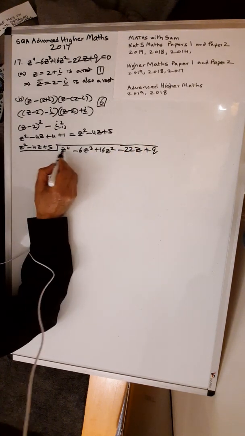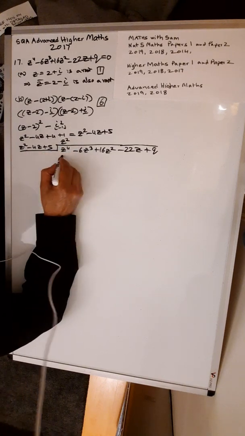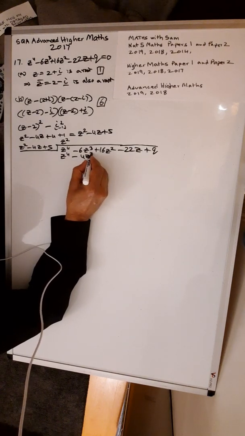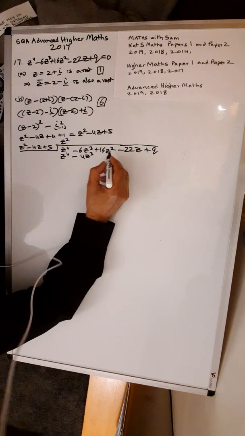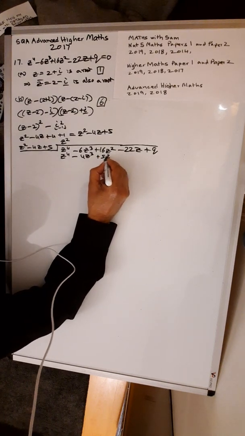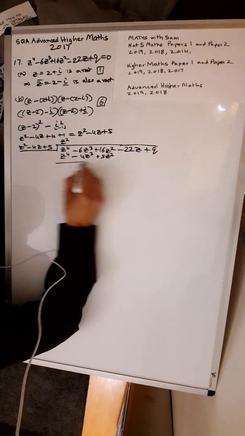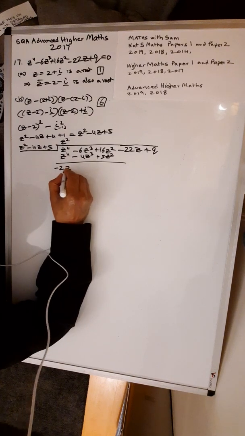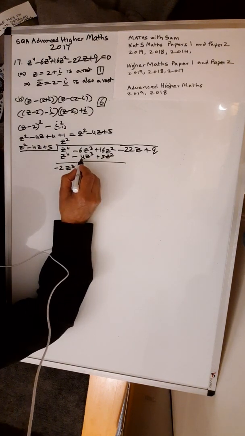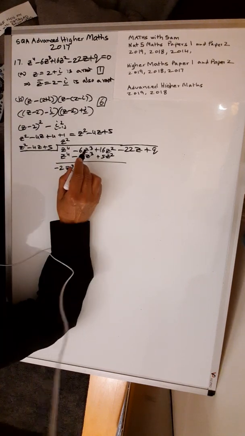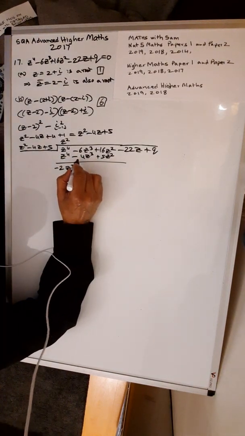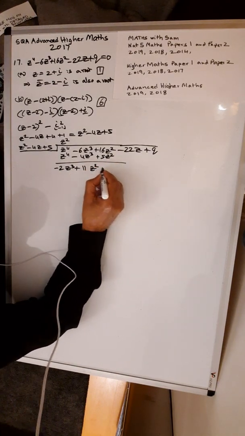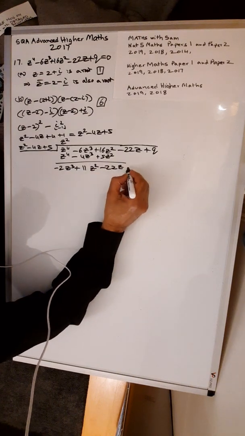To eliminate the z to the 4, you multiply by z squared, which gives you z to the 4 minus 4z cubed plus 5z squared. Take this away, and you get minus 2z cubed plus 11z squared minus 22z plus q.